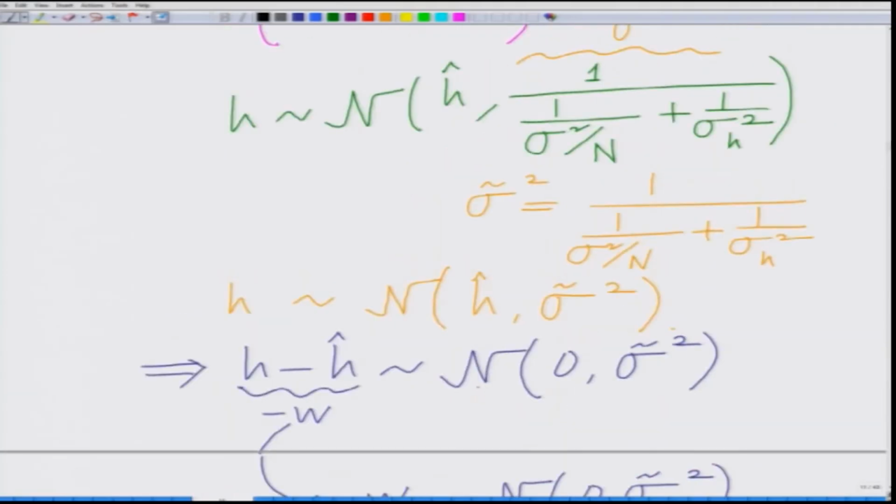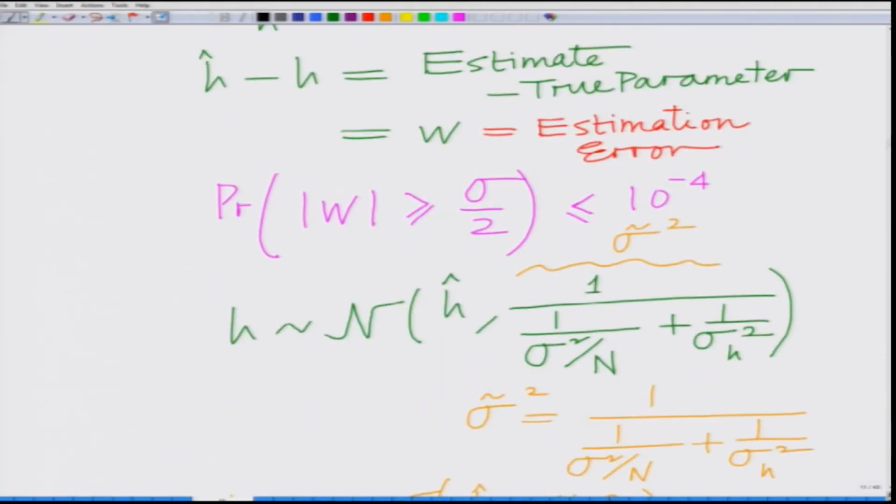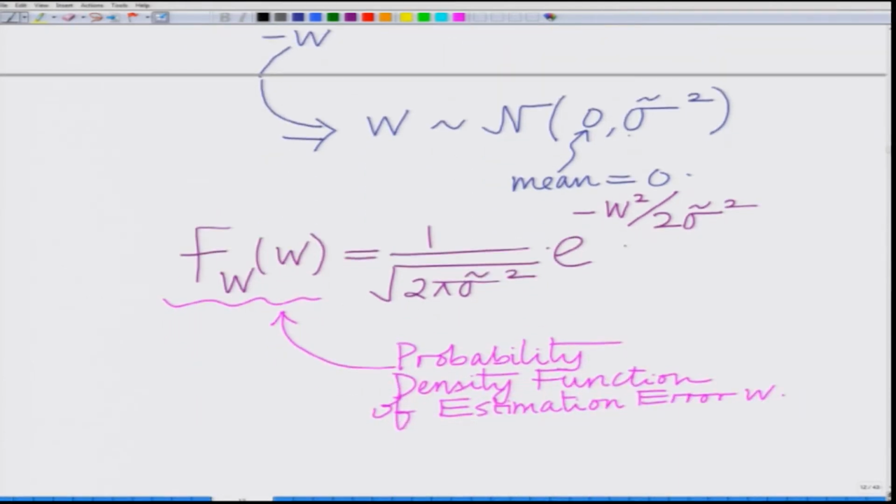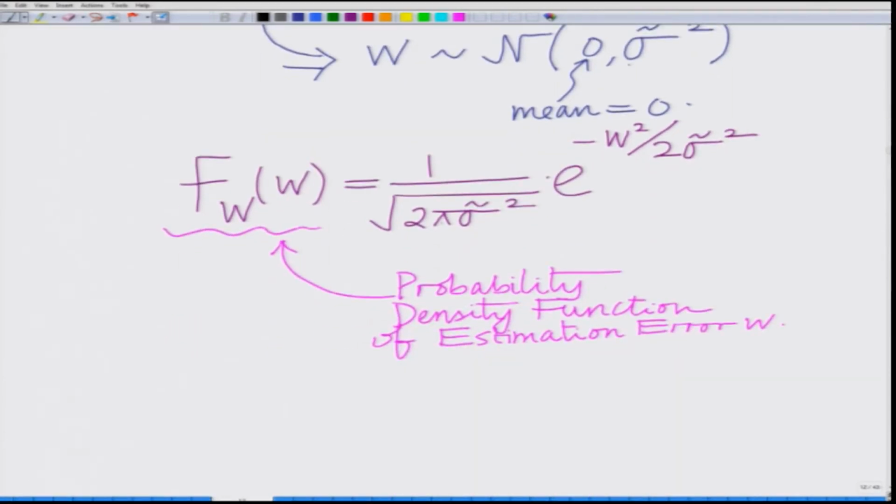We have said that this mean square estimation error, that is W, is Gaussian with mean 0 and variance sigma tilde square. Therefore, its probability density function is 1 over square root of 2 pi sigma tilde square, e raised to minus w square by 2 sigma tilde square.